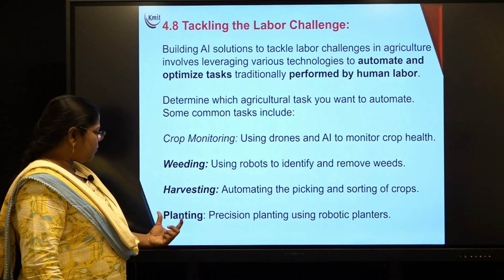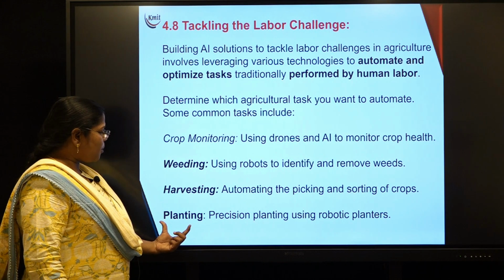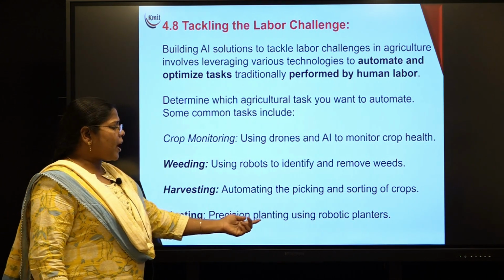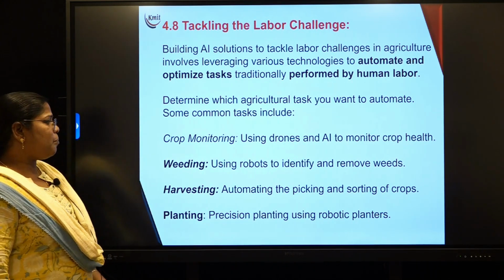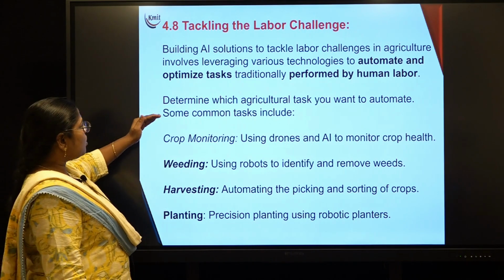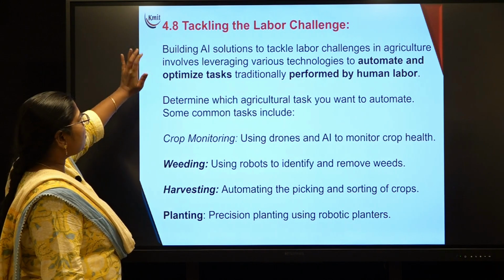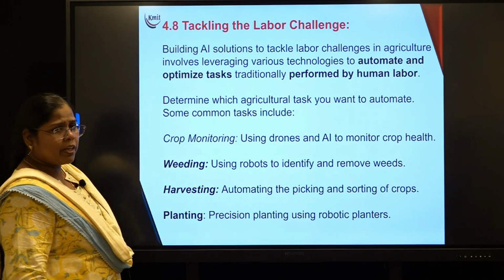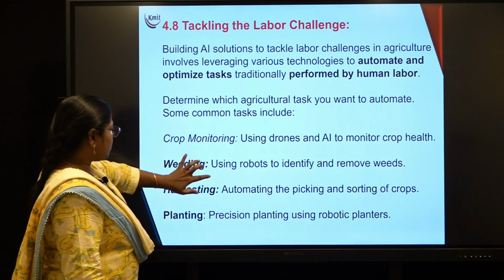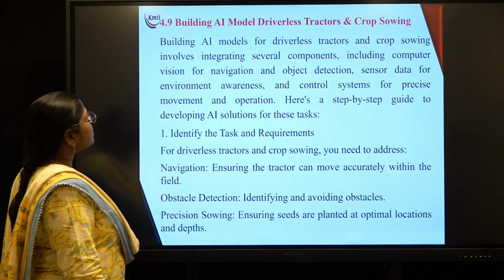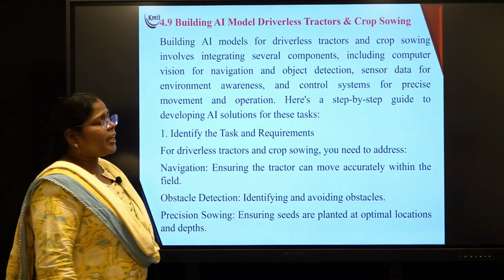Next is planting. Precision planting uses robotic planters. So these are all the tasks that can reduce the labor costs.